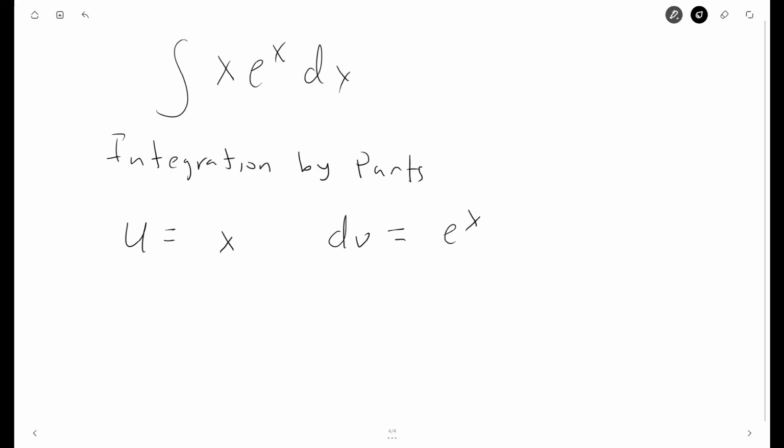Okay. So integration by parts says that the integral u dv is equal to uv minus the integral v du.